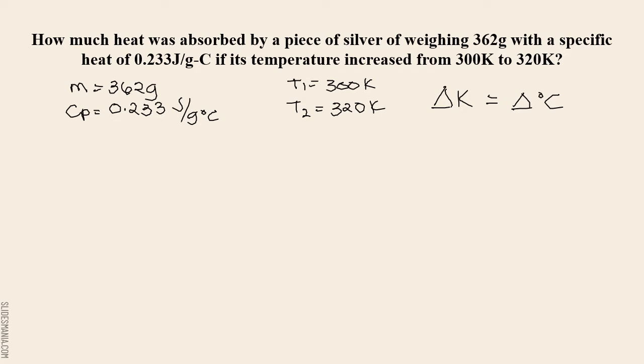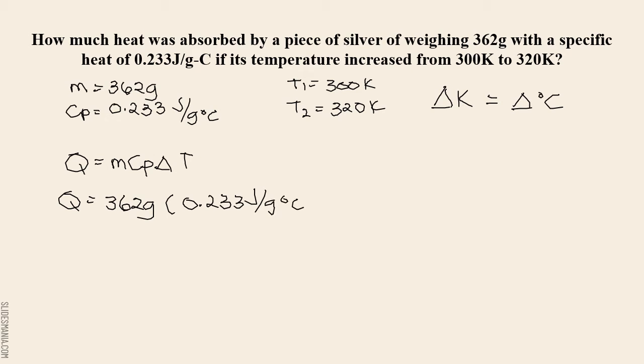Now let's write our general working equation. Q is equal to mCp delta T. Therefore, Q is equal to 362 grams times 0.233 joules per gram degree Celsius multiplied with your delta T, which is 320 minus 300 Kelvin. So what is our Q?